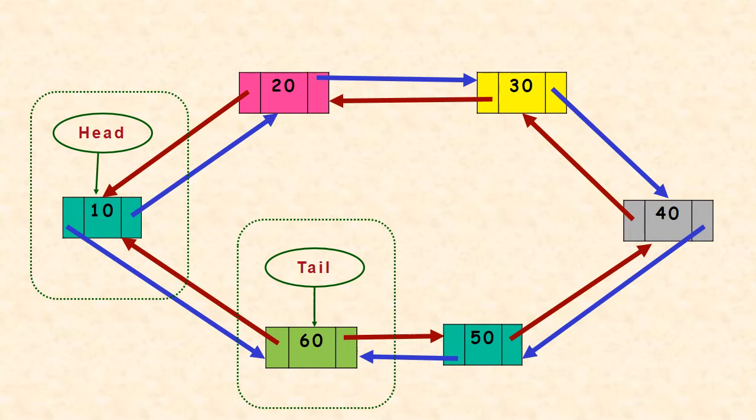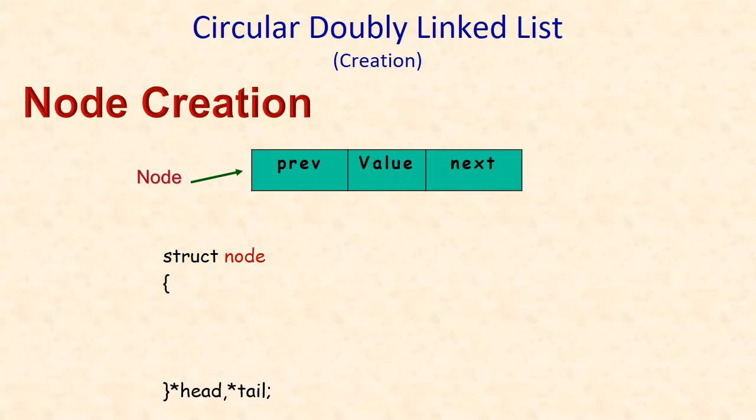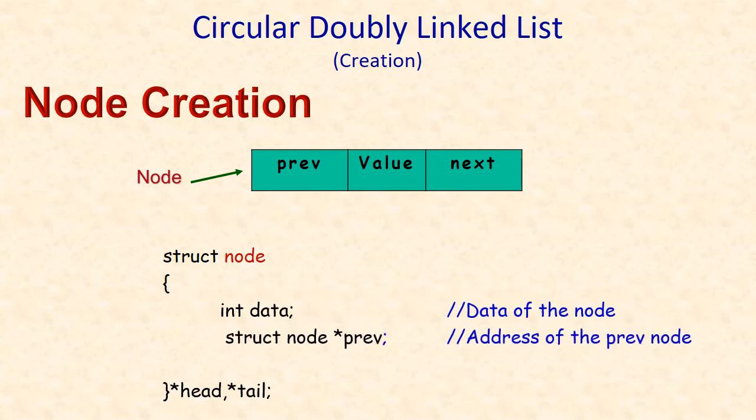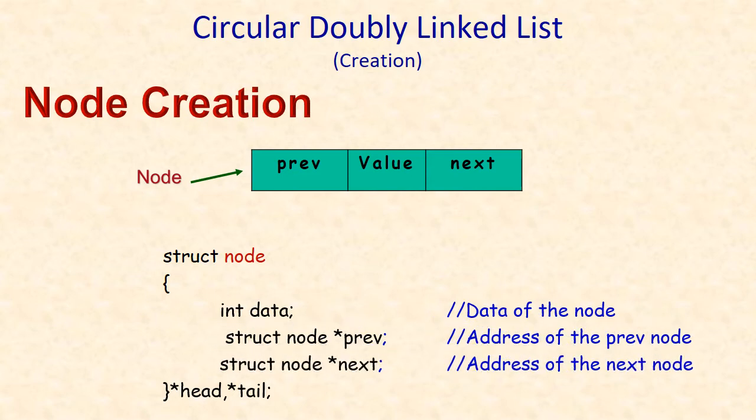Now let us get into the implementation issues. See how to create a node for a doubly linked list. A node of a doubly linked list holds three parts. One is the data part, here I took integer data. The second one is the previous address of the same node type, and the third one is the next address of the same node type.